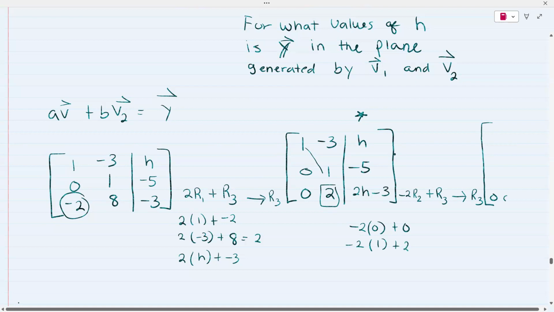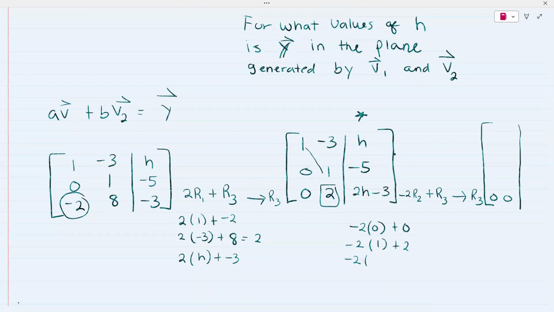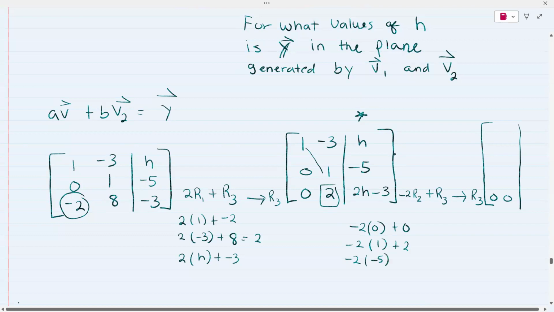That's 0. Then -2 times the last number in row 2, which is -5, plus the last number in row 3, 2h minus 3.